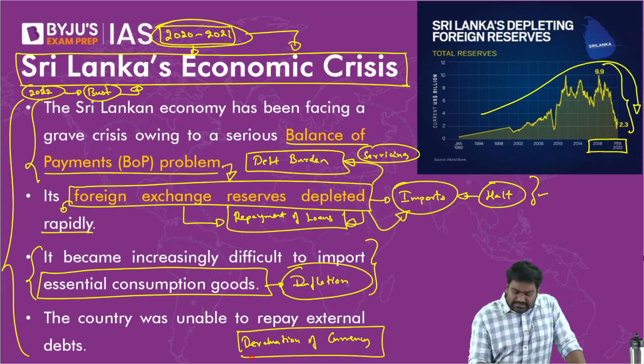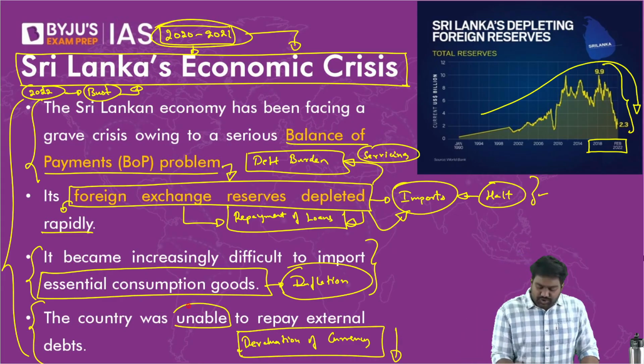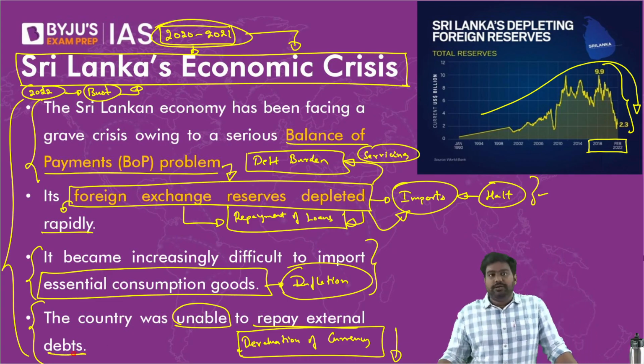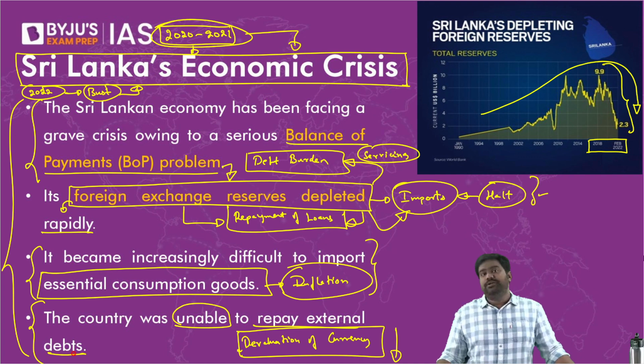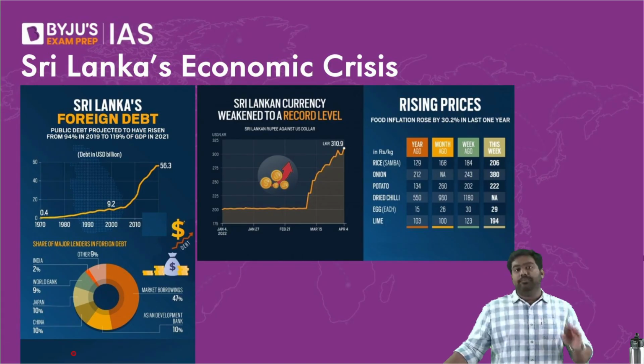The Sri Lankan currency collapsed, and it got to a stage where Sri Lanka could no longer pay the foreign loans it had taken. It couldn't service or repay the debts which were burdening the Sri Lankan economy. So basically, the Sri Lankan economy went bankrupt.